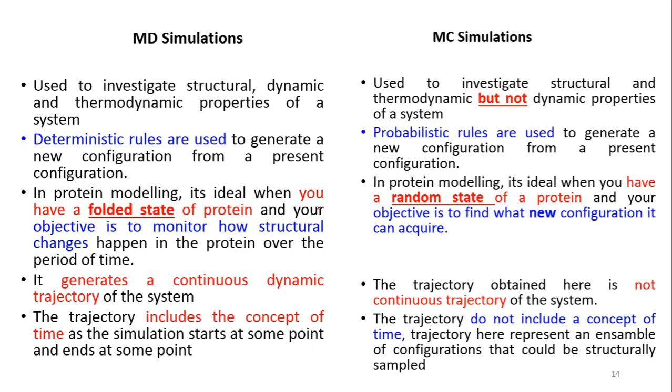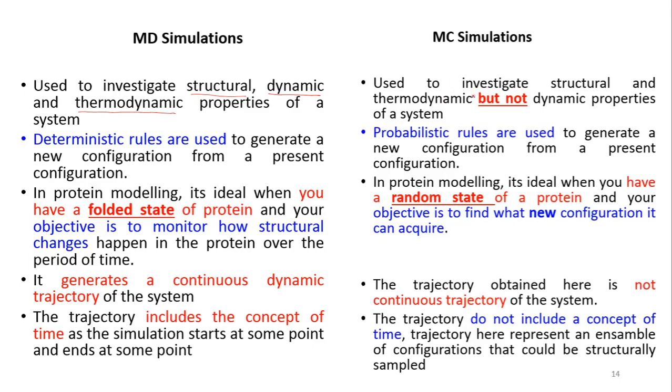As you can see over here, MD simulations are used to investigate structural, dynamic and thermodynamic properties of your system. You might want to use MD simulation to observe how the system has evolved. You will be able to analyze the dynamics of the system, as well as figure out the thermodynamic properties of your system.